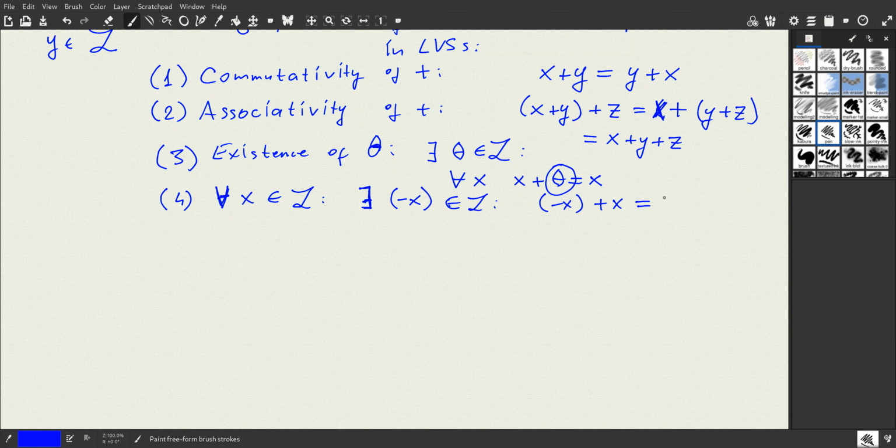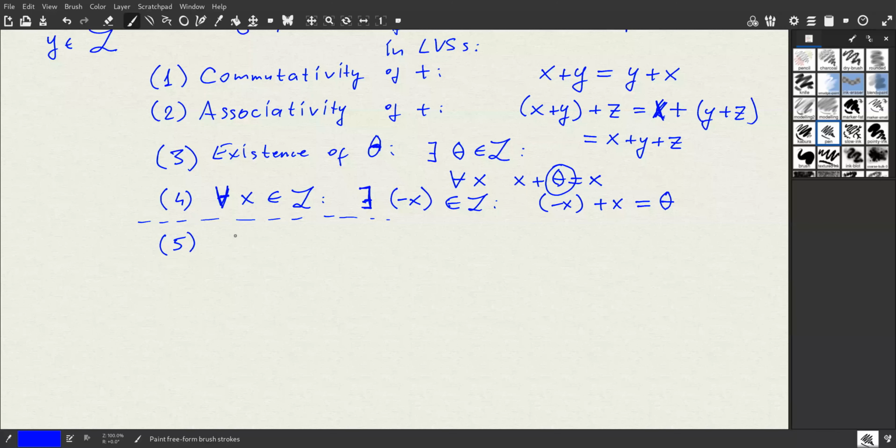Zero. Theta, which plays the role of zero. Minus x plus x equals theta. Okay, so we got those four axioms about addition, basically. Now we have a group of axioms about multiplication.